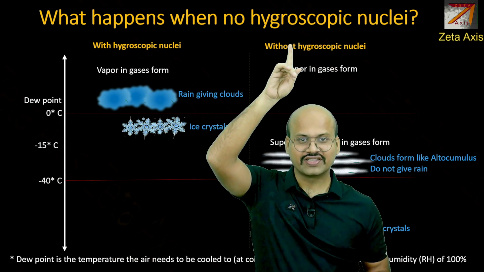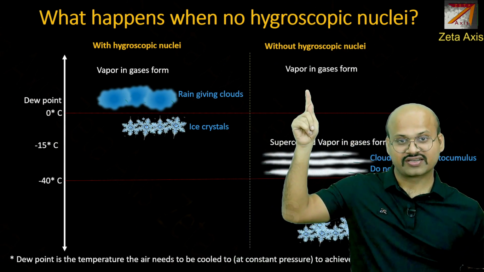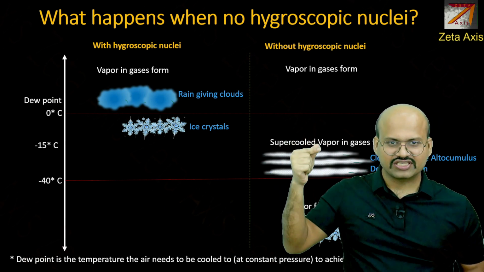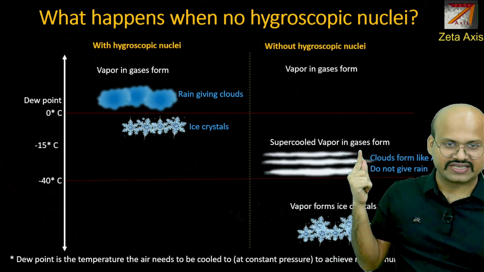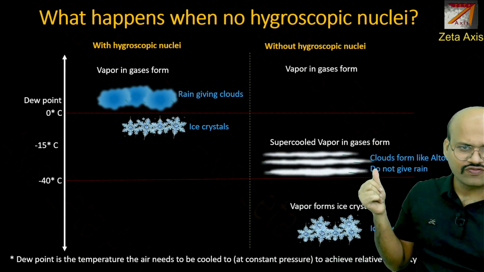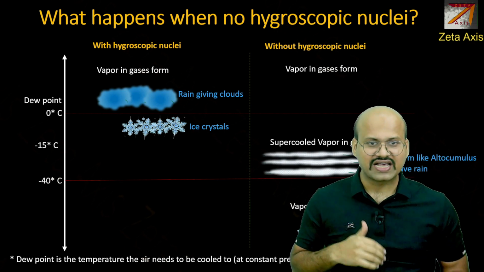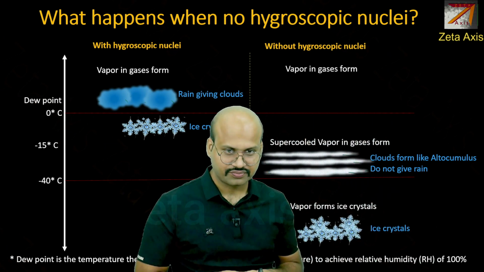But what happens when there is no hygroscopic nuclei? Then they do not condense here. They do not form any clouds over here. When the temperature is lower, then they will become supercooled vapor in the gaseous form. And they will form clouds which are seen as altocumulus clouds or which are seen in the higher atmosphere. And these types of clouds do not give rainfall.